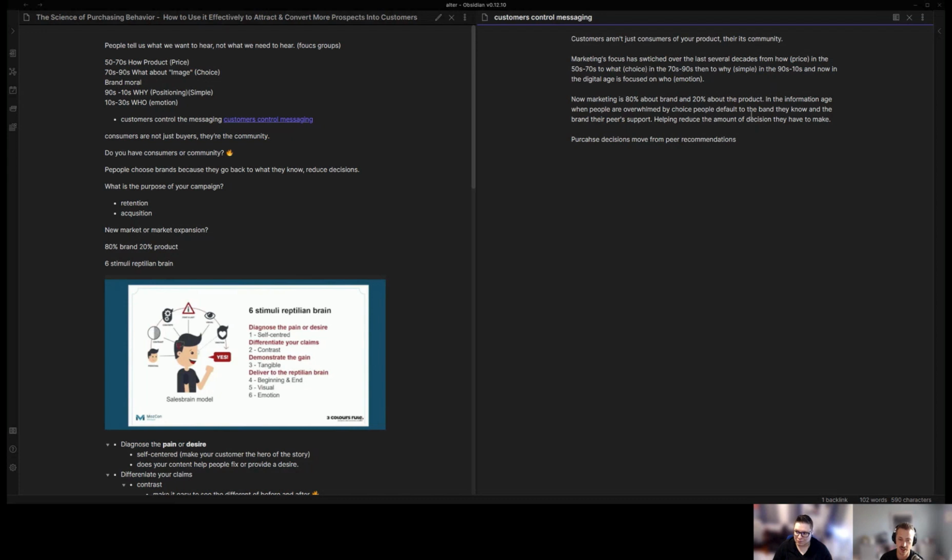And it's because of where consumers are looking for information that the control is now at the customer level. The customers are in the community, they build the community, and therefore they actually control the messaging of your product, because your future clients and customers are actually looking to them and not to you.